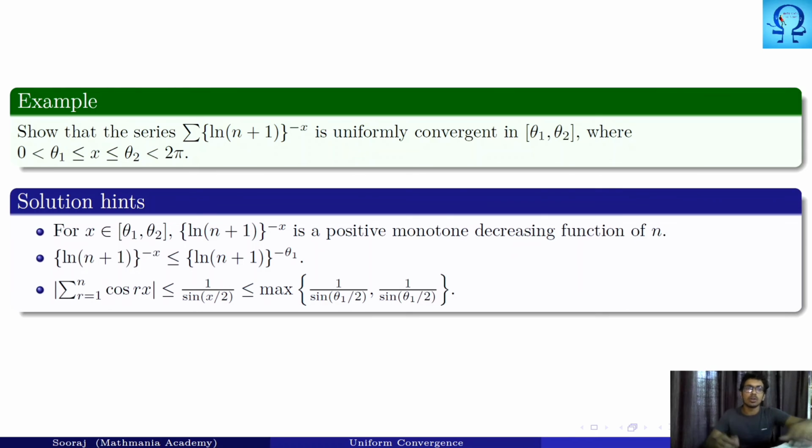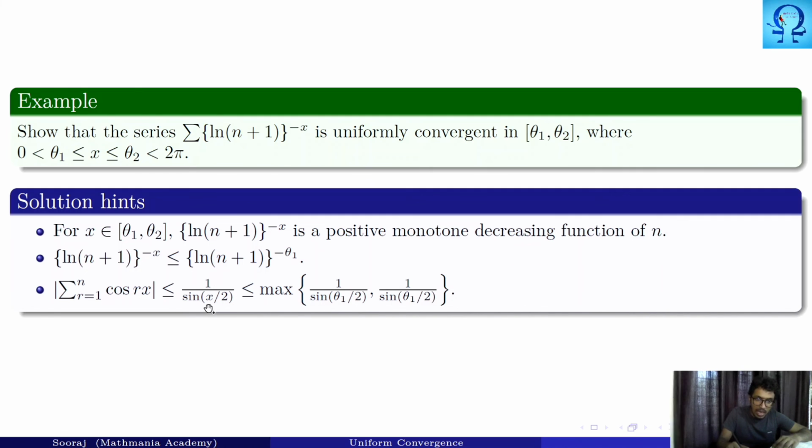Okay, so why have we not included 0 and 2 pi? It is just that when x is taking the value 0, cos 0 is 1, and cos 2 pi is also 1. So we do not want that to happen here. And obviously this bound is 1 upon sin x upon 2.